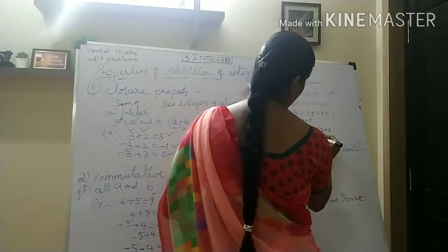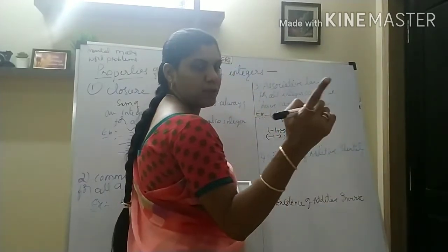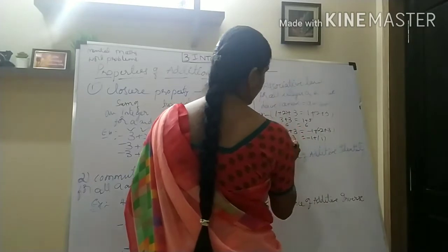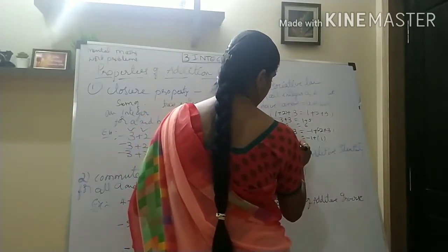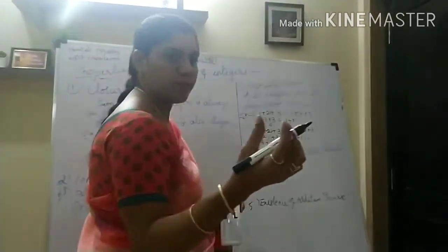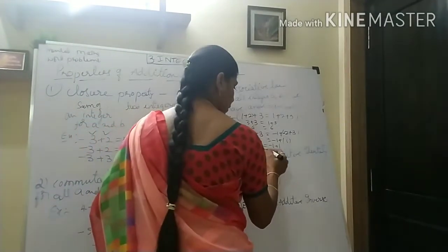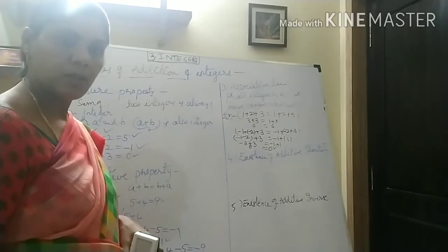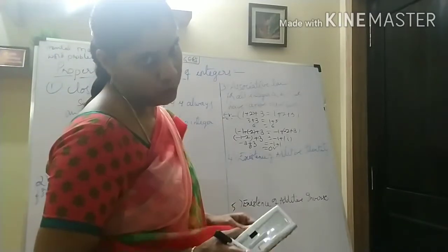Here equal to minus 1 plus of minus 2 plus 3. How much? Minus 2 plus 3 plus 1. Now see minus 1 minus 2 minus 3. Minus 3 plus 3 and minus 1 plus 1. So same numbers with opposite signs. So you get 0. 0 equal to 0. This is also an integer. So in all the cases you are getting an integer only.